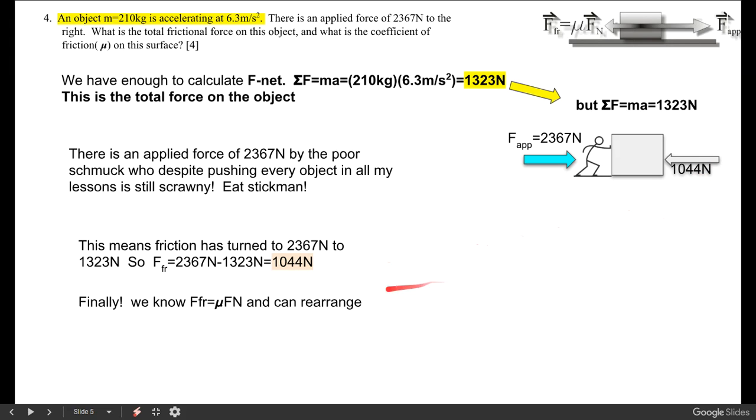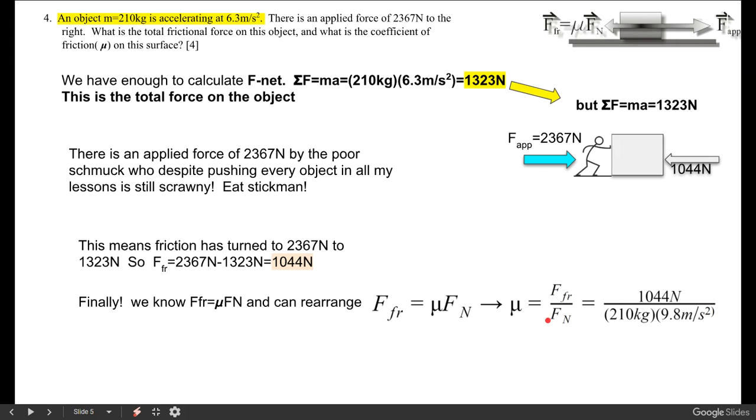Now that we know the friction force, we can rearrange. The force of friction is mu Fn. So if we solve for mu, it's friction force over normal force. There's our friction force. And our force of gravity is 210 times 9.8 mg. And we get a mu of 0.57.